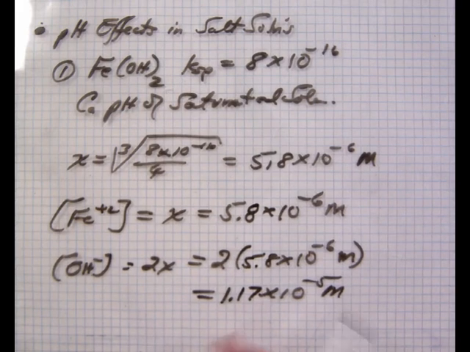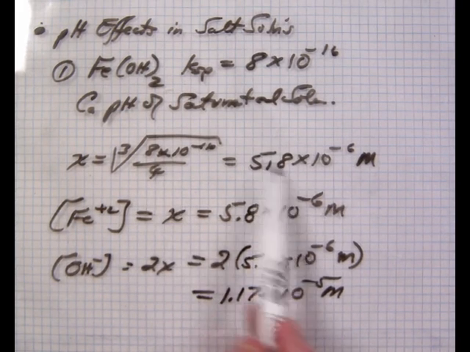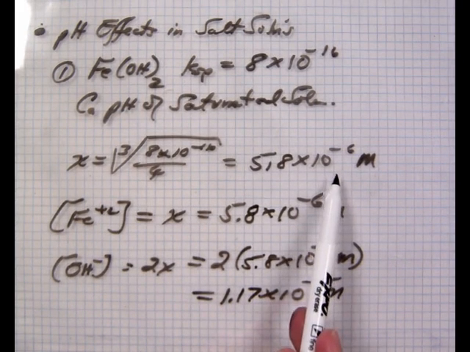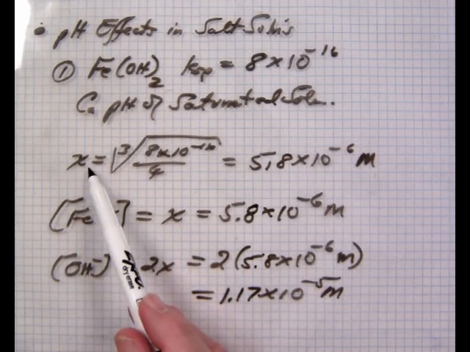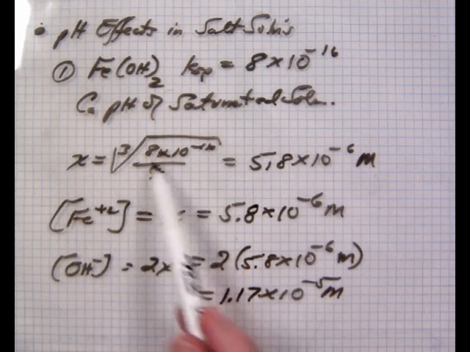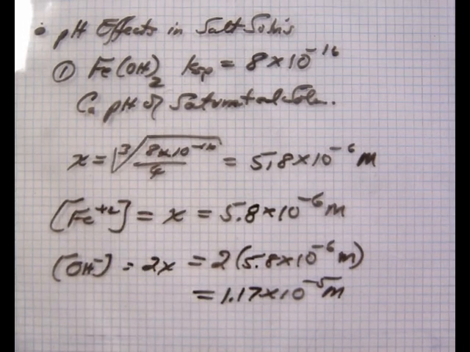Okay, so working this out, I get 5.8 times 10 to the minus 6 as a solubility using the cube root formula because it's a 1 to 2 ionization.